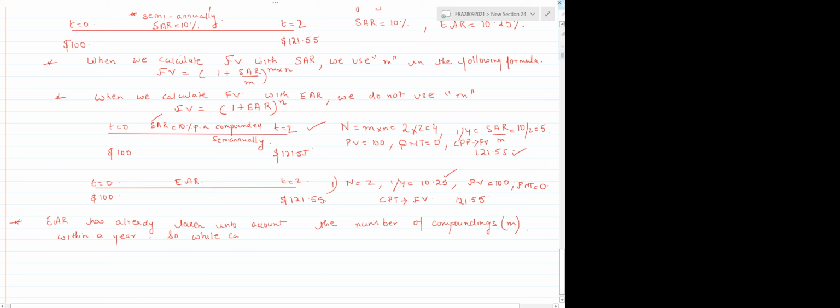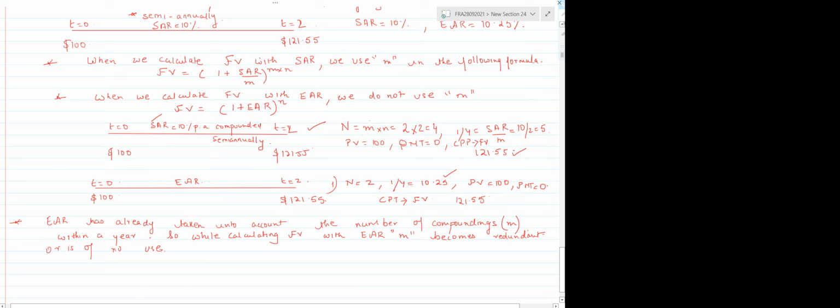So while calculating FV with EAR, M becomes redundant, right? Or is of no use.